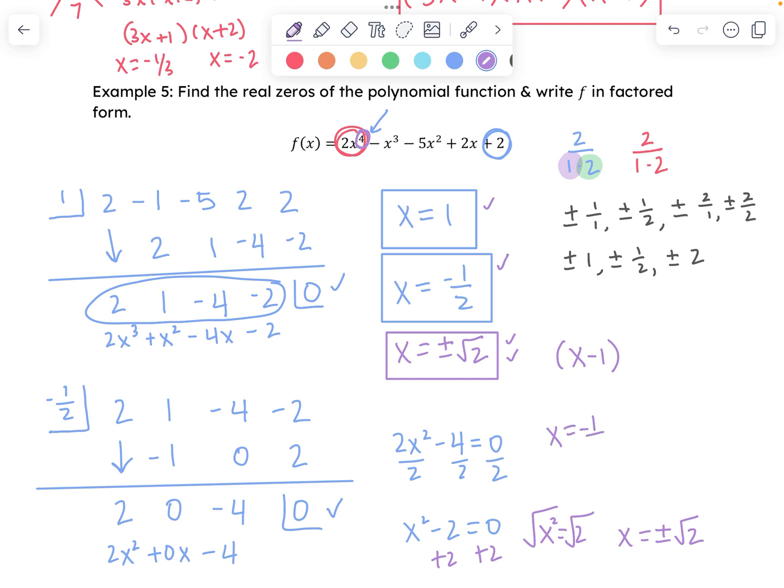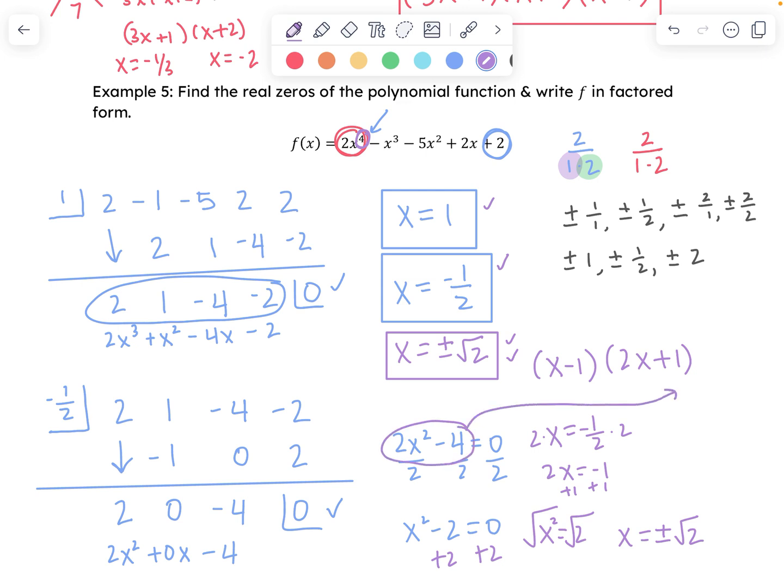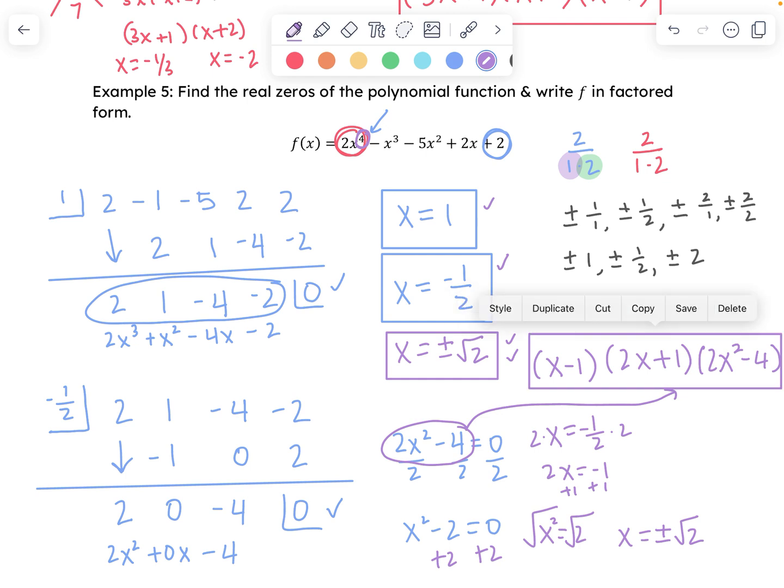X equals negative 1/2. I would multiply both sides by 2 to get 2x equals negative 1, and then add the 1 over. So it would be 2x plus 1. And then we do have the 2x squared minus 4 that can come in right there as my other factor. So there are my factors, writing it in factored form.